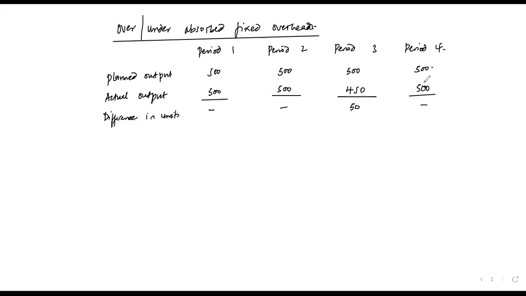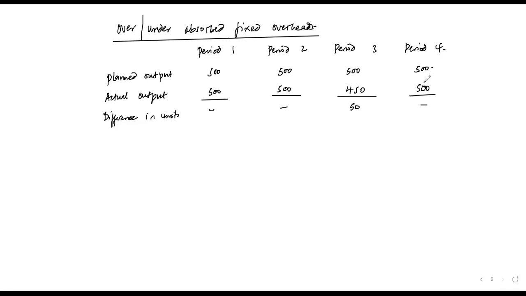This indicates that in period 3, the overheads absorbed were less. Okay? The overheads absorbed are less, simply because we had budgeted 500 units, but now our actual output is 450. So there is an underestimate.